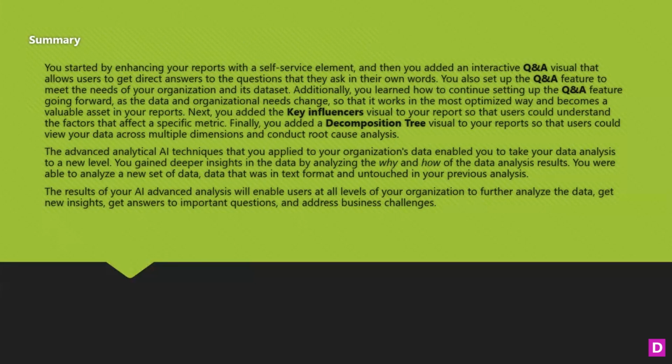The second feature, key influencers, enables you to find the root causes impacting your data. And the last one is the decomposition tree, where we decomposed the analysis one level deeper to find the root causes for your analysis.